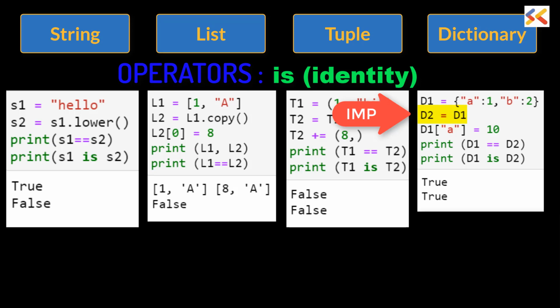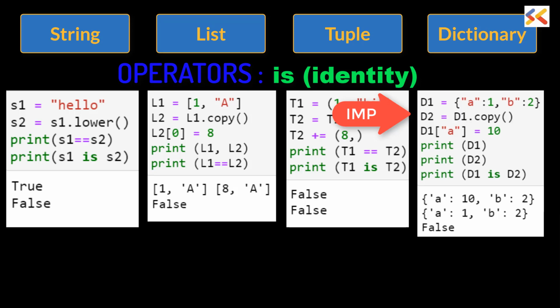When we use equal to operator to assign one dictionary to another and change one of them, now if we check both using equal to or is operator, we will see both return true. Here too, if you use copy function, you will get two separate dictionaries. Now D1 and D2 are two separate dictionaries, and if you change one, it is not reflected in other.